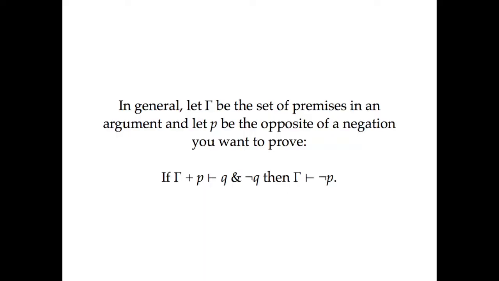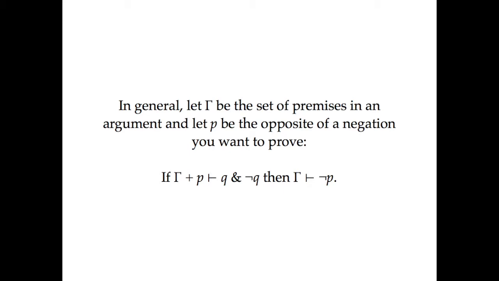She supposes the opposite of what she wants to prove, and then she shows that that supposition led to a contradiction. It led to a conclusion that could not possibly be true, and that means that the supposition must have been false.